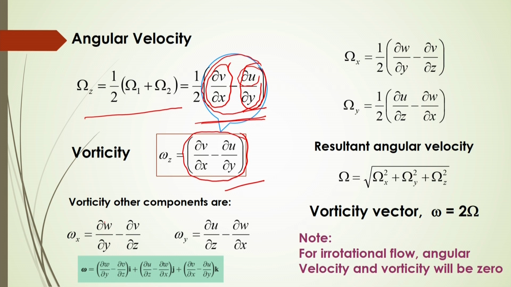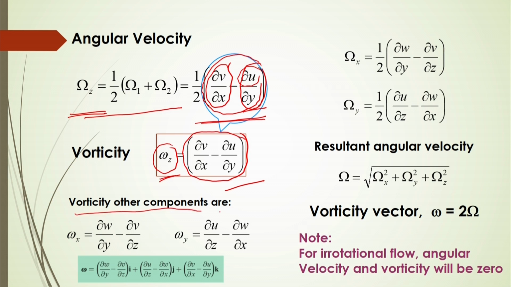So, here we can see the relationship between the z direction angular velocity and the vorticity. Omega z, the vorticity, will be equal to 2 times the angular velocity. So, very simple: vorticity will be equal to 2 times the angular velocity.